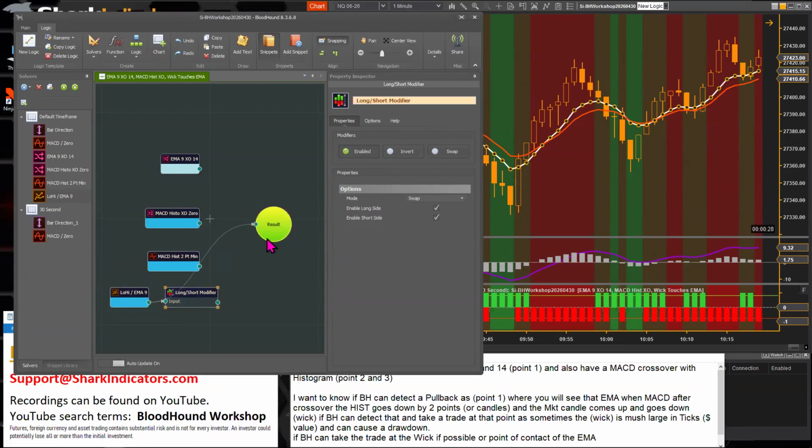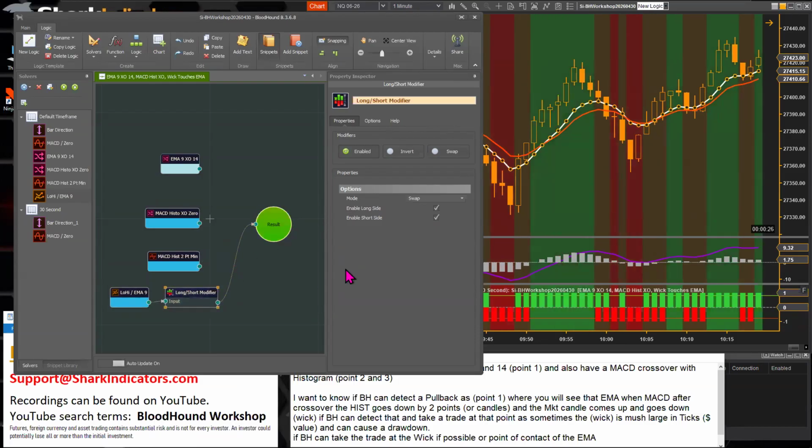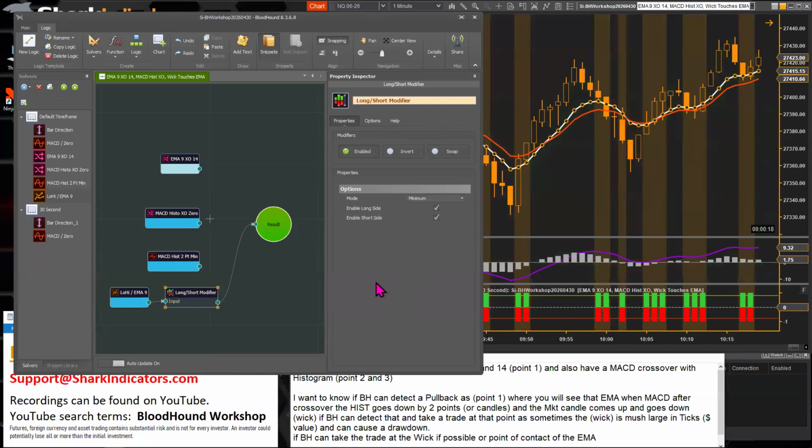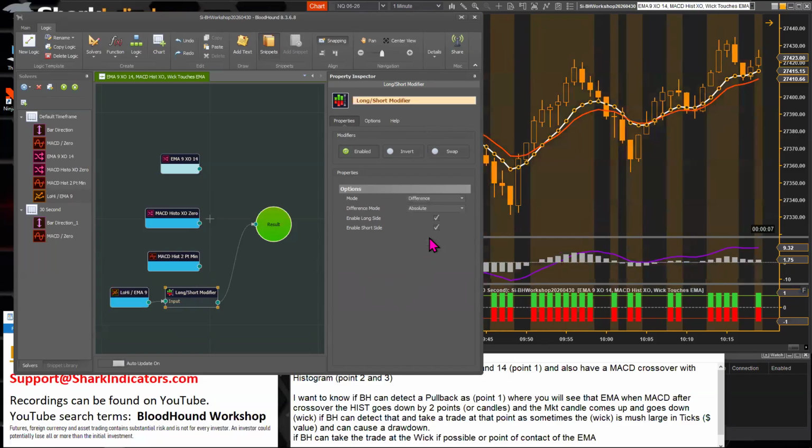And the mode that we want is the minimum mode. And there we go. Actually, there's several modes that'll do this. You could use minimum. You could use difference there.